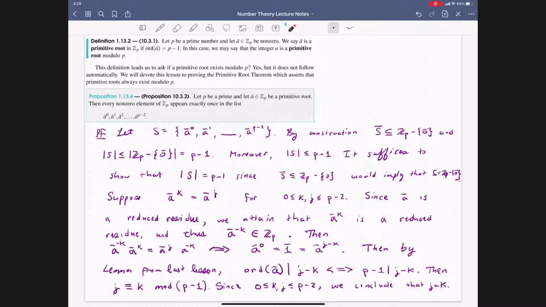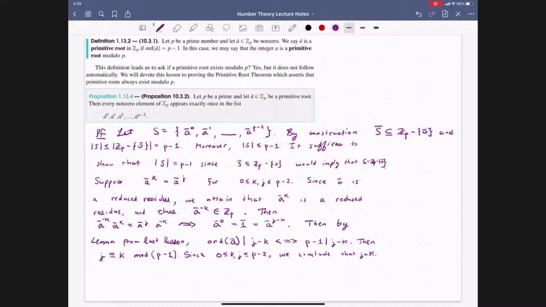And so that now implies that if we have distinct k and j, we have two distinct elements in S. So consequently, a bar to the j does not equal a bar to the k if j does not equal k.